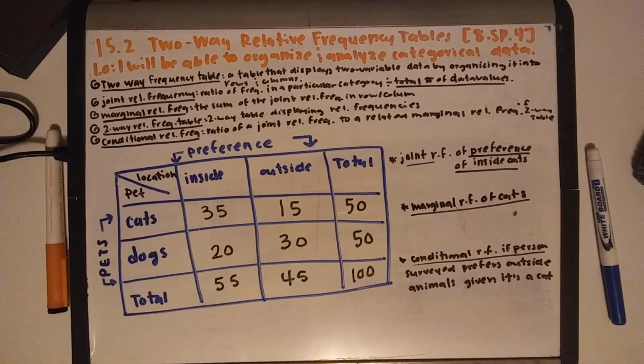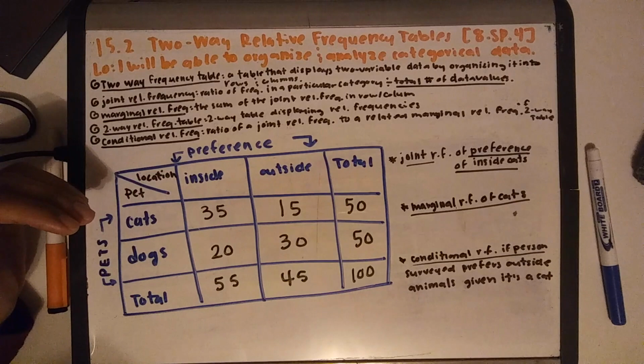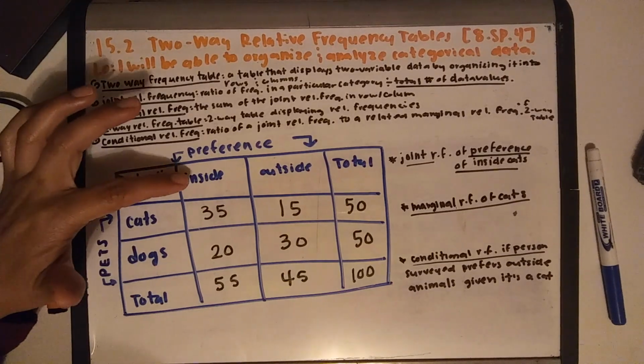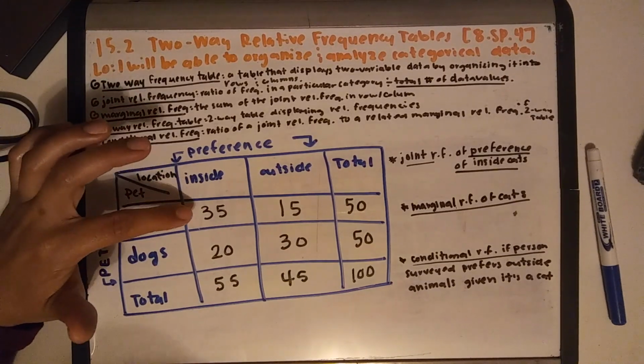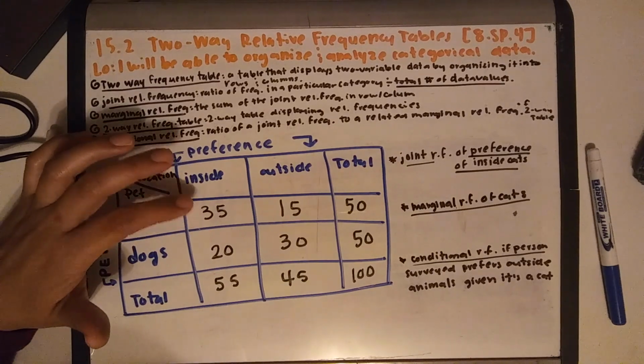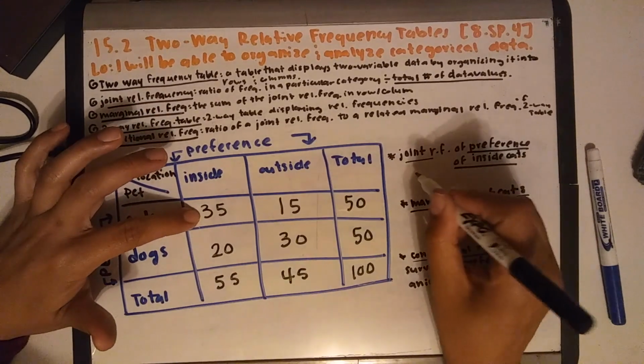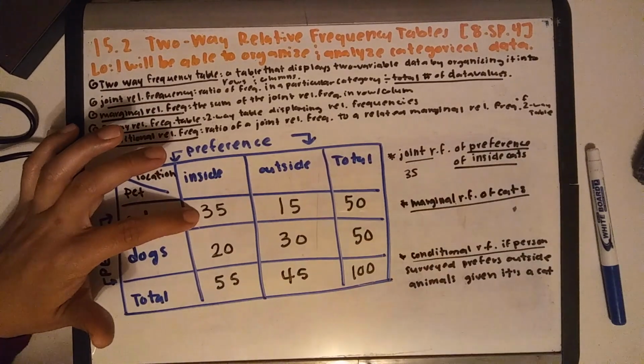Okay, so let's do a few just to go over that. If they ask me the joint relative frequency of preference of inside cat, let's look at the number of people that prefer inside cats, and again, I'm looking at the preference. So inside cats, there are 35, but then I'm only looking at cats now.